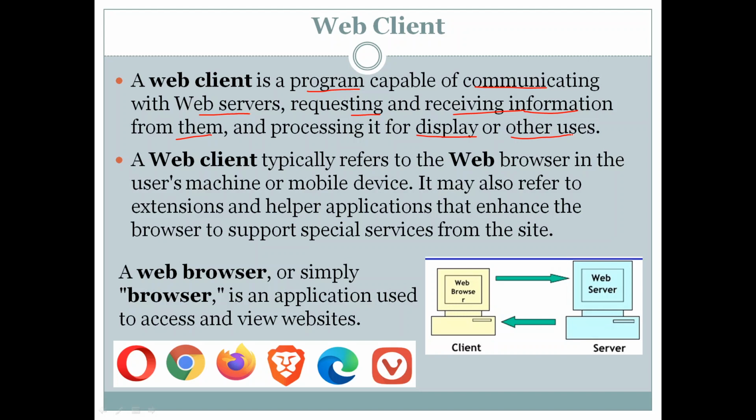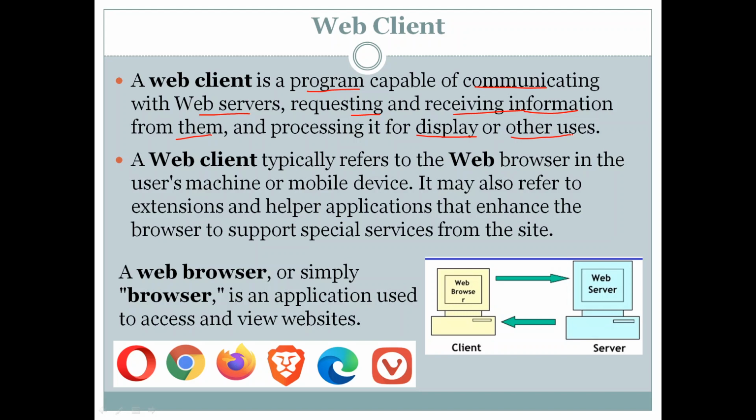As we know, the web itself is based on the client server model. We have a client, we have a server. Client always requests, server always responds with the requested resource.